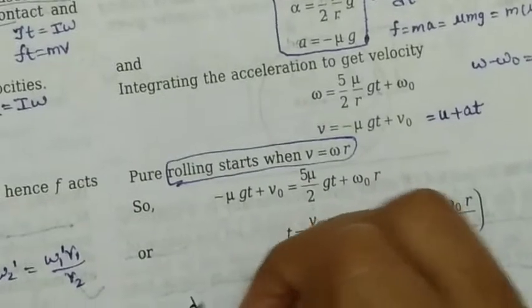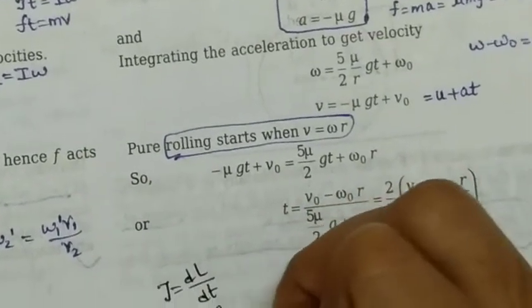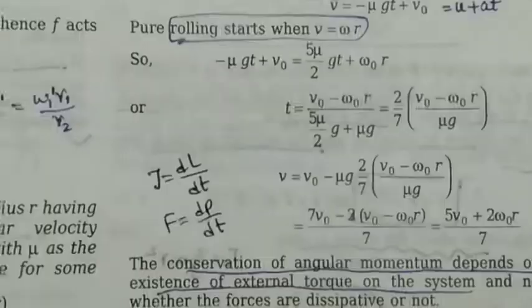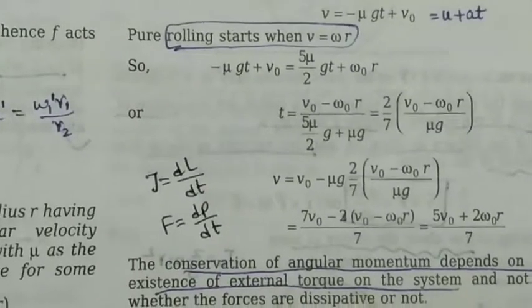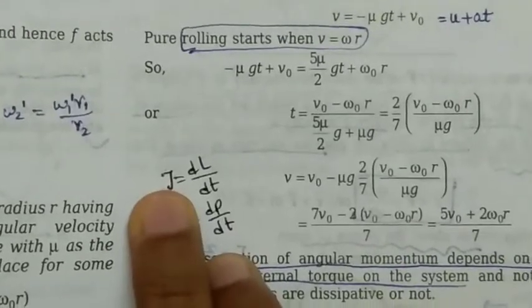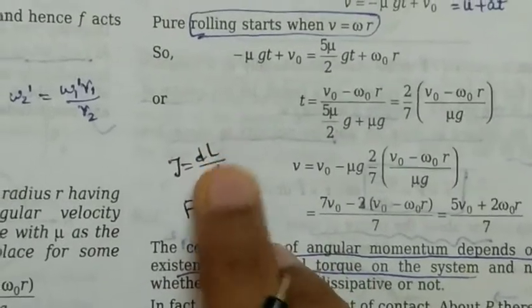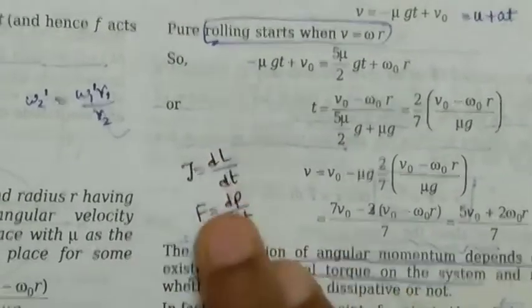Why means we know that tau is equal to dL by dt, just like F is equal to dp by dt. Like that we have torque tau is equal to dL by dt. So if the external torque acting on the object is zero, then angular momentum would remain constant, because differentiation of a constant is zero.